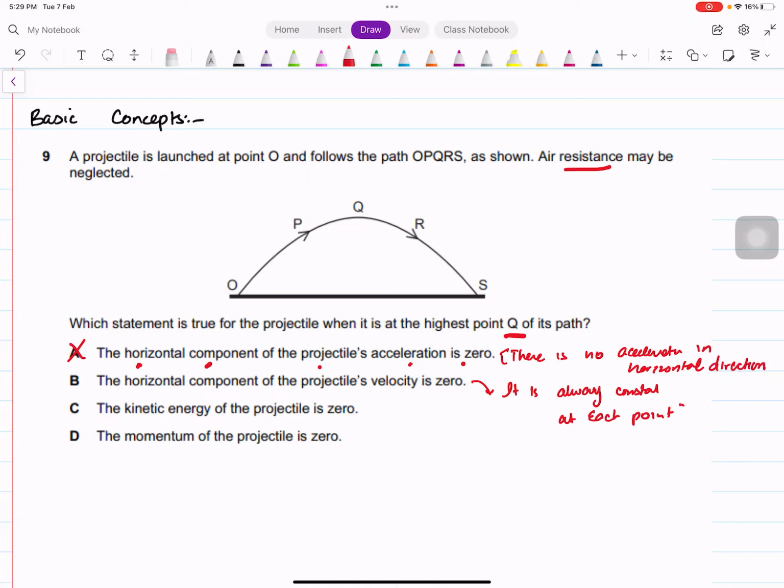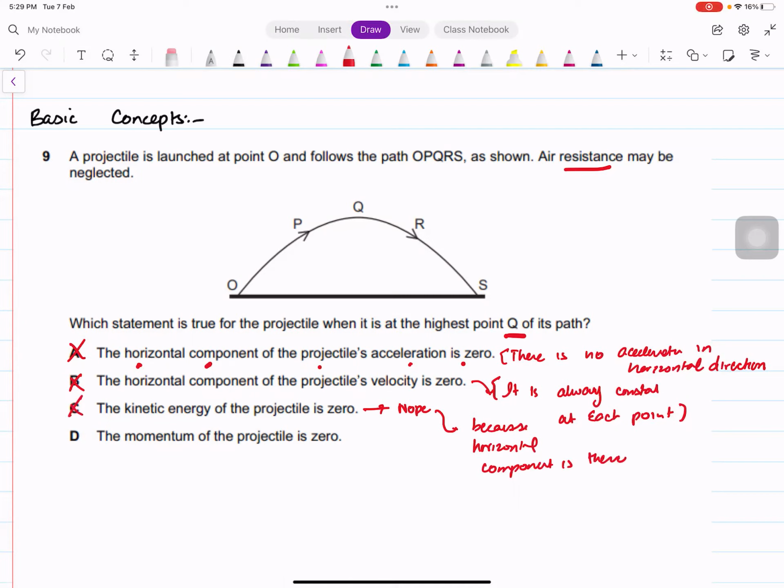The kinetic energy of the projectile is zero. No, because the horizontal component is there, so it can't be zero.